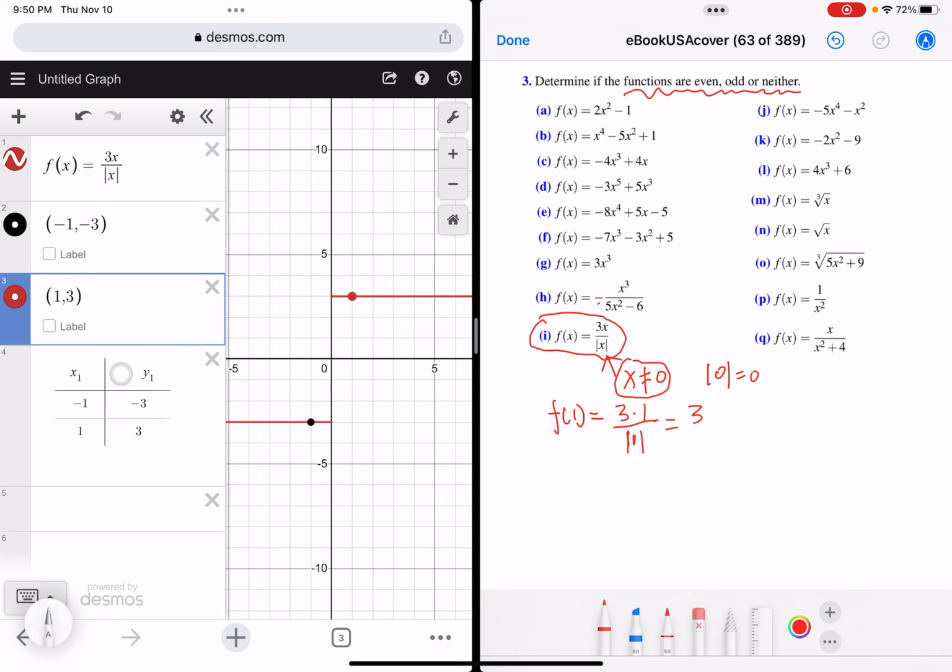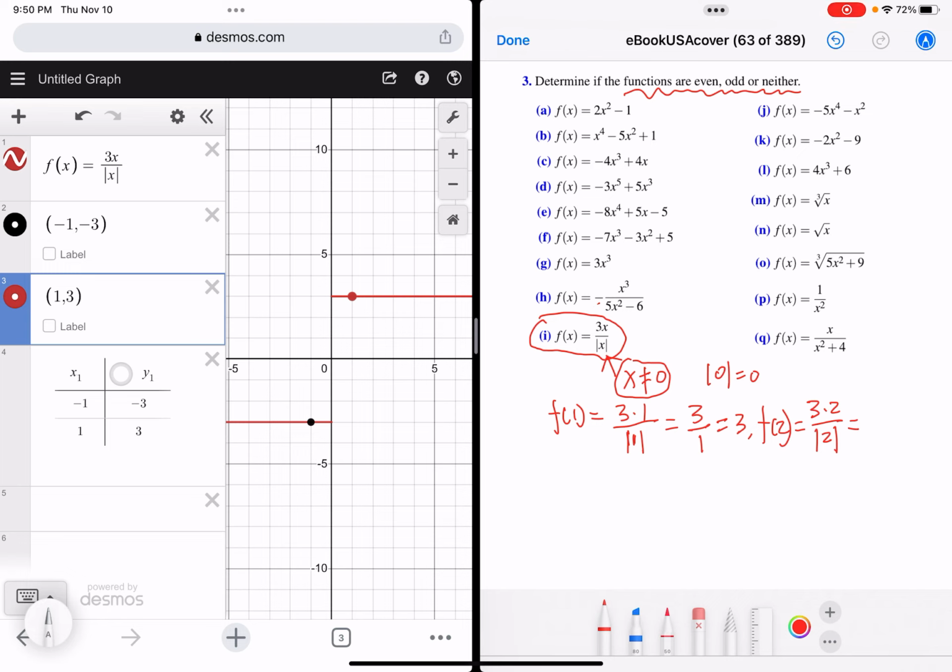So you have a 3. 1 times 3 is 3. Downstairs is 1. So you have a 3. You can also do 2, right? So you have 3 times 2 upstairs. Downstairs is the absolute value of 2.